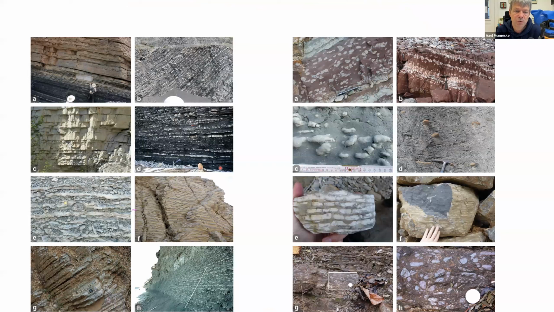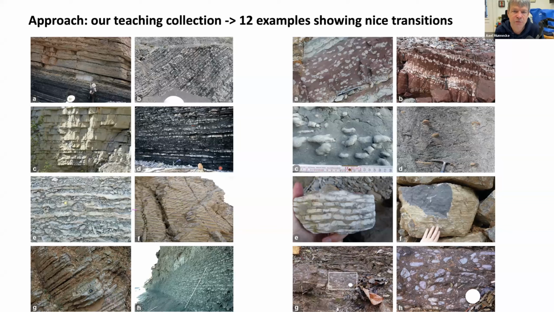So what is the approach in my talk today? We have a very nice and very big teaching collection here in Erlangen. I went through the whole collection searching for thin sections where the transition from hard to soft lithologies is preserved. And I found 12.